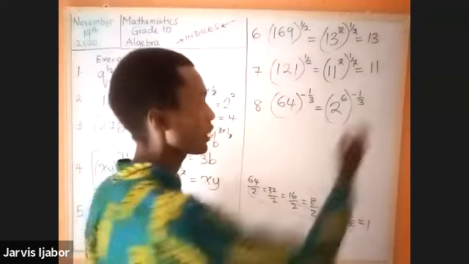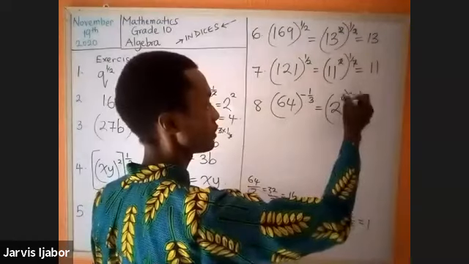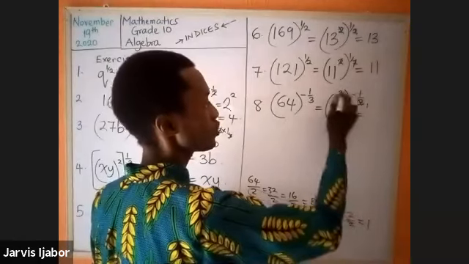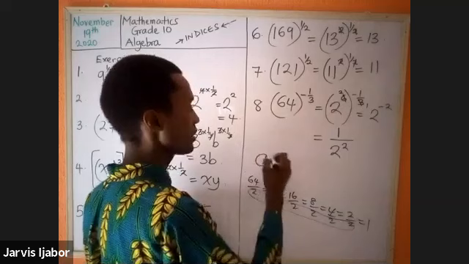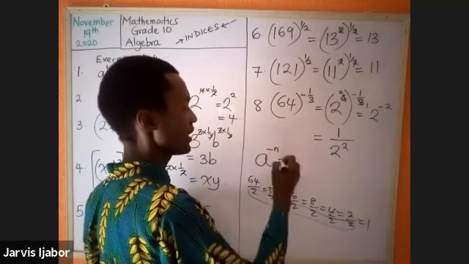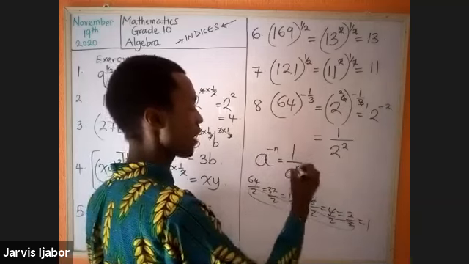Now, what do you do? You cancel. 6 times negative 1/3 gives 2 times negative 1. Now look at this carefully. Remember that a to the power of negative n is 1 over a raised to the power of n.